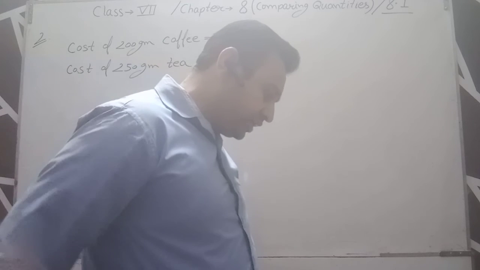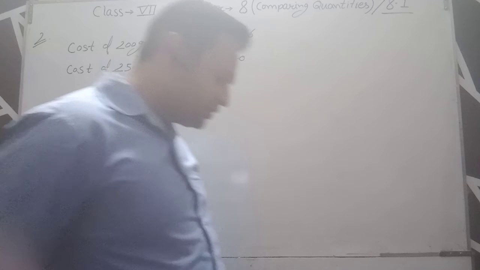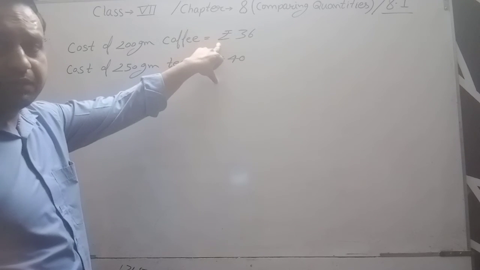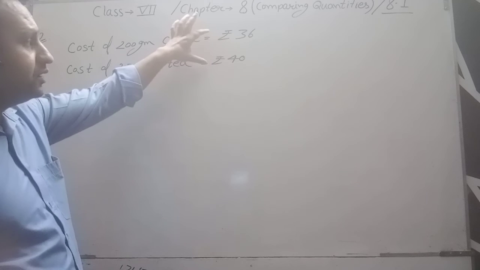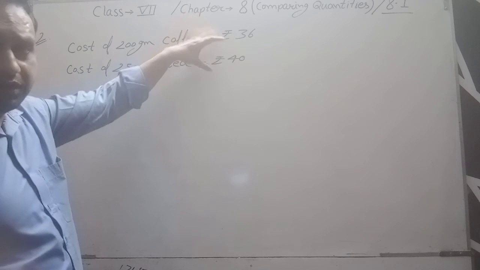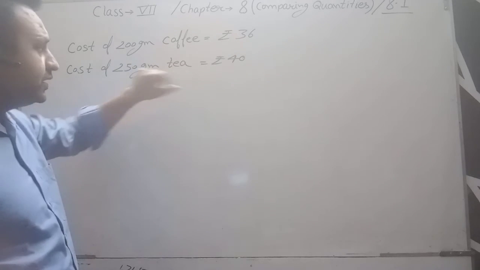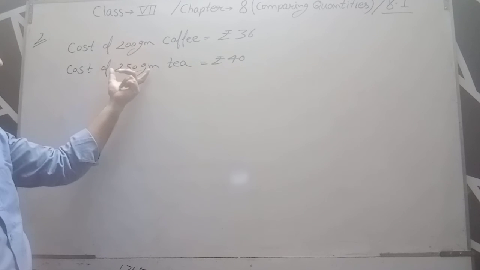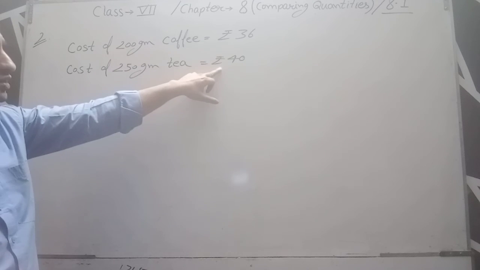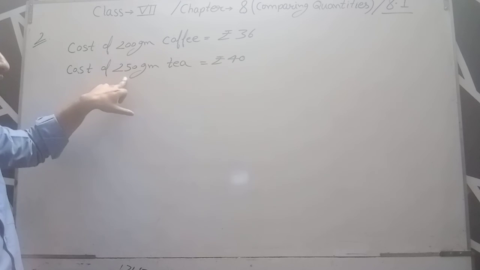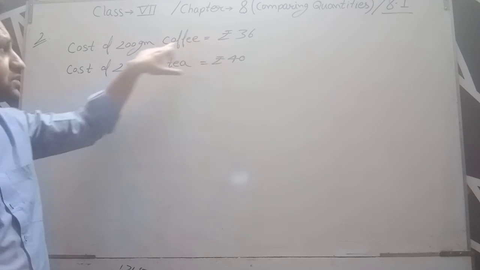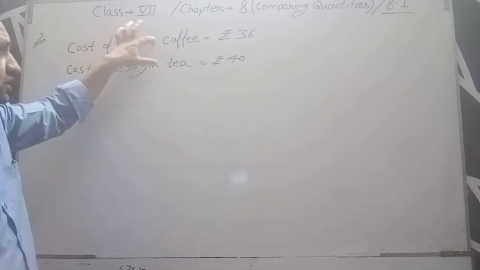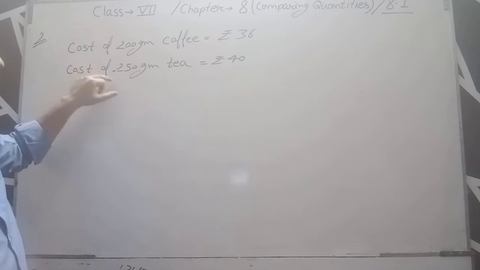And we have to find the ratio of the price of the tea to coffee. हमें टी एंड कॉफी दोनों के प्राइस में रेशियो फाइंड करनी है। वैसे दोनों का प्राइस हमारे पास ऑलरेडी गिवन है, बस वी हैव टू फाइंड आउट रेशियो। बट इन दिस क्वेश्चन व्हाट इज द प्रॉब्लम? द क्वांटिटी इज नॉट सेम. It means ₹40 is the price of 250 gram tea and ₹36 is the price of 200 gram coffee. So firstly we have to make these two quantities the same.